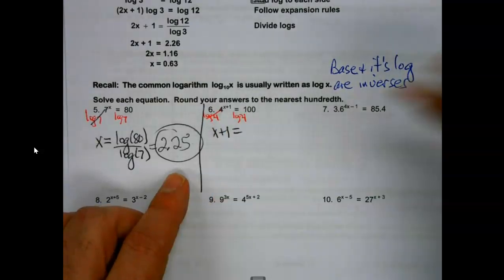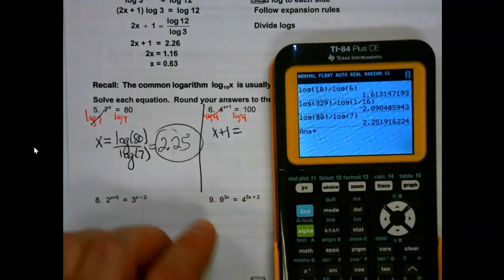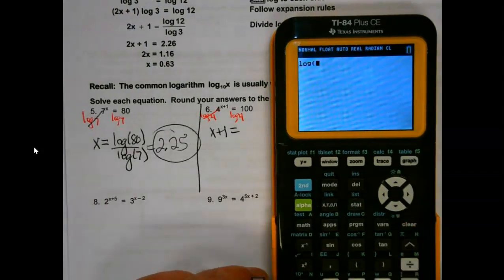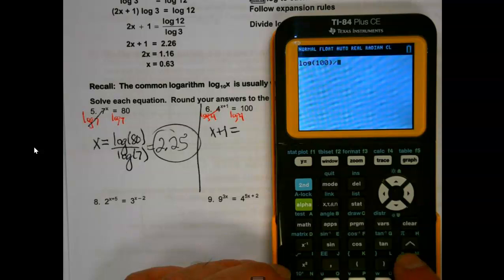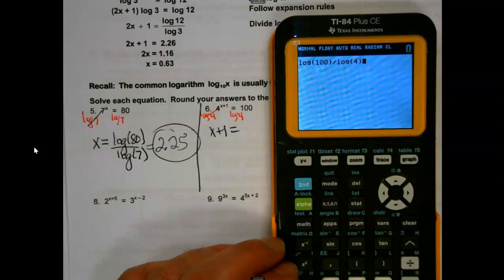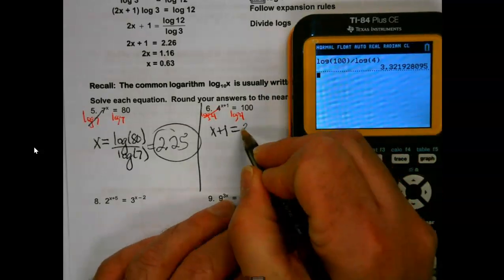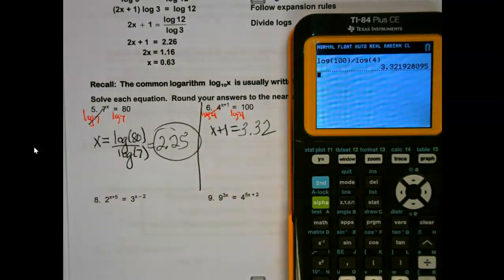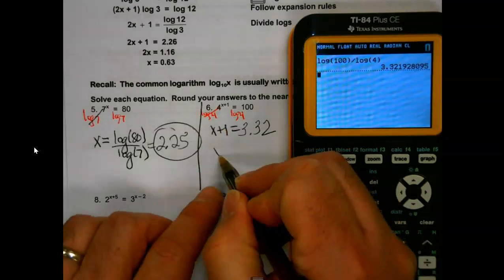x plus 1. Let's do a little change of base action here. Log of 100 divided by the log of 4. It's 3.32. And now life's pretty easy. Just subtract the 1.